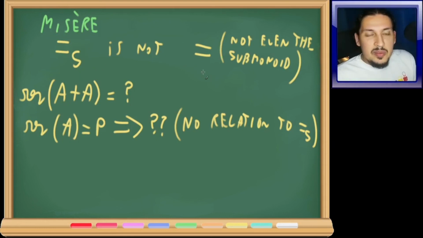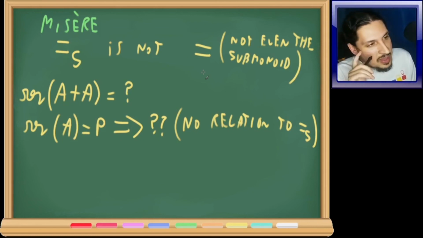It does not depend on which game you're analyzing. So two NIM positions are equivalent or not, but it does not depend on whether you are going to sum them with some strange game that is not a NIM position. And the group corresponding to that in the normal case is just the subgroup generated by the NIM positions. Well, here it is not at all like that.